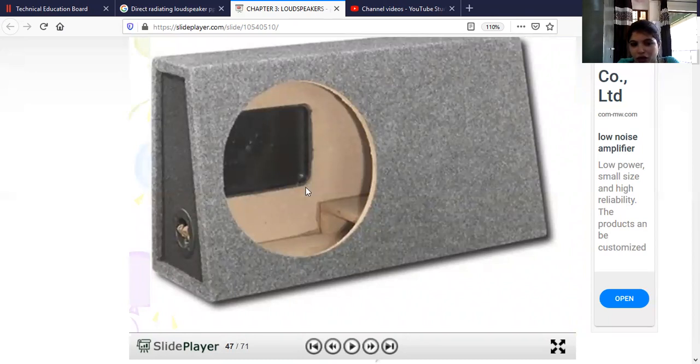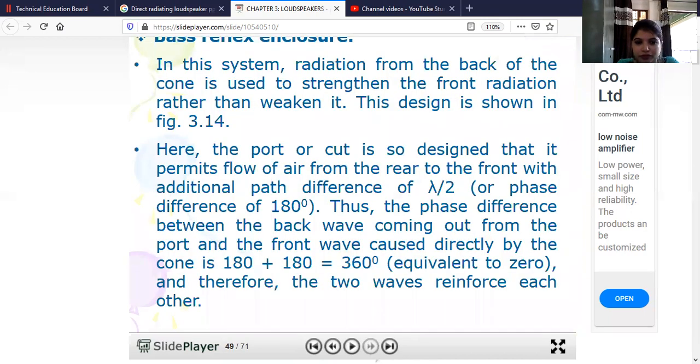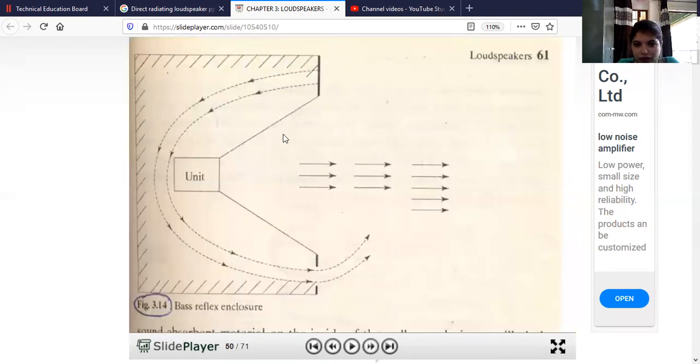There is a hole, you connect the speaker over here and the closed box is like this. So waves from this end will pass to this end. Waves from the front and from the back will deviate the route and come from the front only, so there was more sound energy over here.